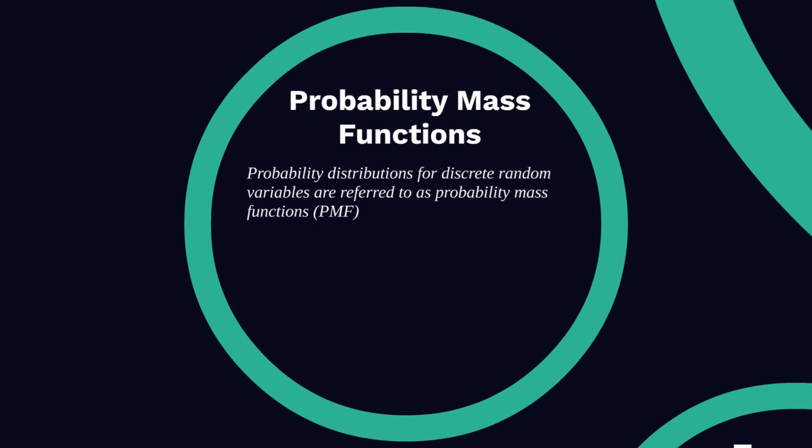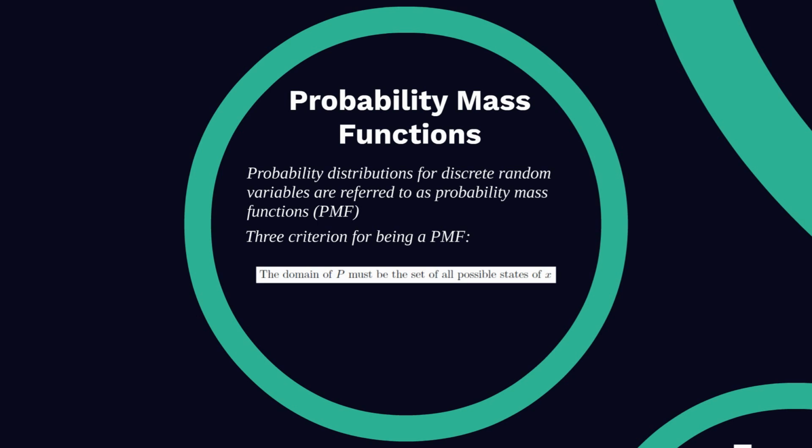So a probability mass function is a probability distribution for a discrete random variable that satisfies the following criteria. The first is that the domain of P, where capital P is a representation of the probability distribution, must be the set of all possible states of x. So P must have a description or a probability of every single possible state of x.